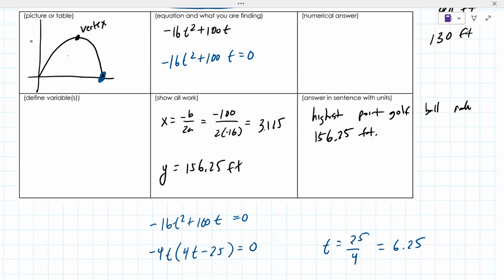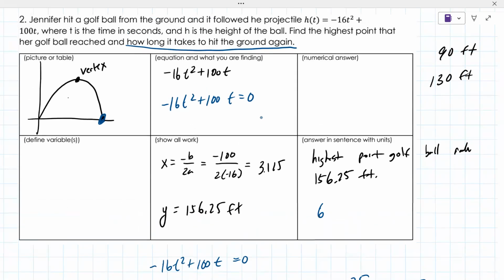Yep. So that is the answer. How long does it take to hit the ground? 6.25 seconds. That's your answer there.